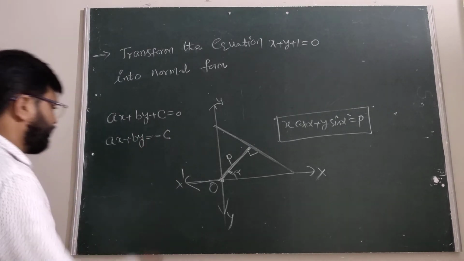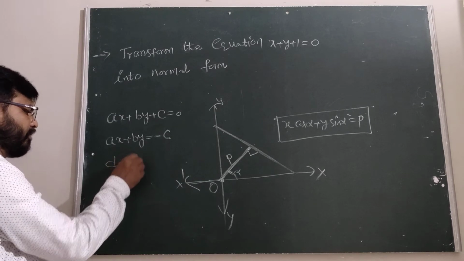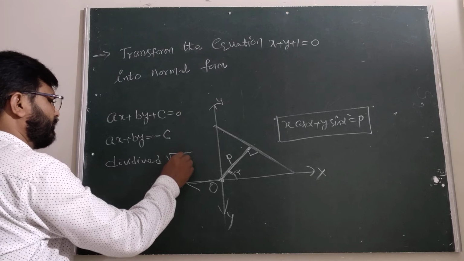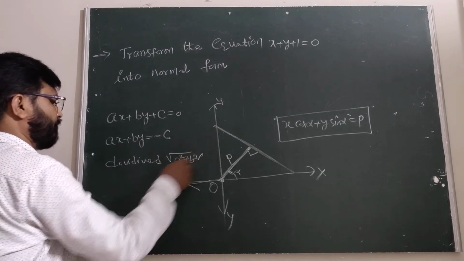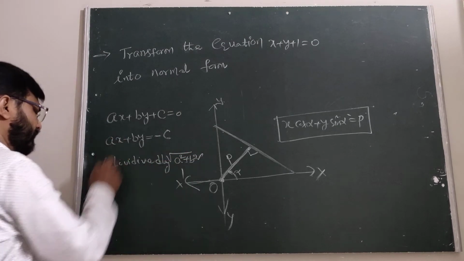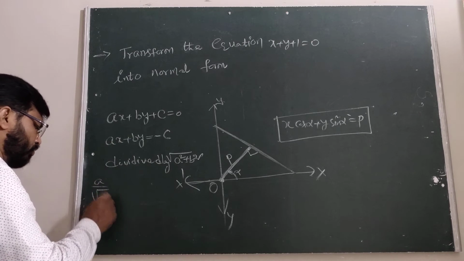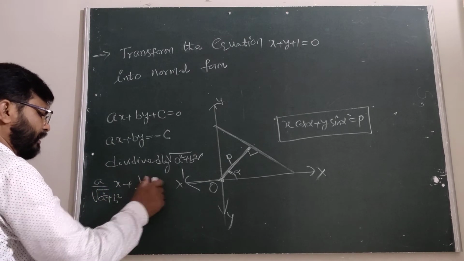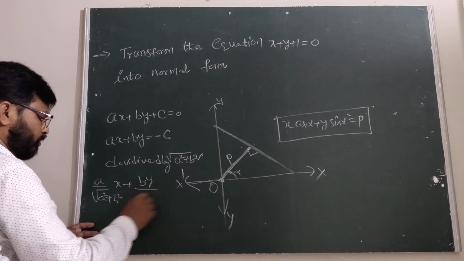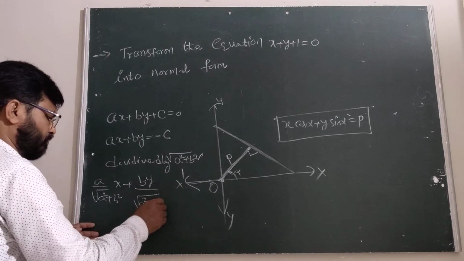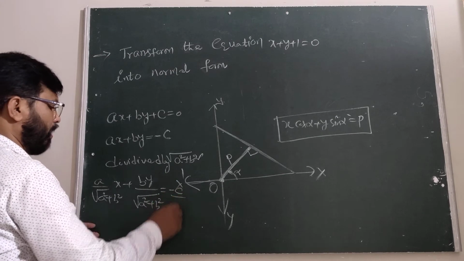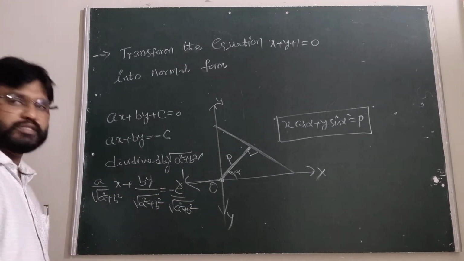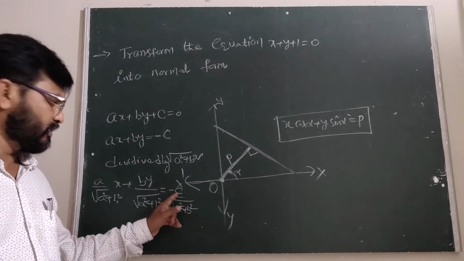Dividing by root of a square plus b square, we get a upon root of a square plus b square into x, plus b upon root of a square plus b square into y, equal to minus c upon root of a square plus b square. This is the normal form when c is less than 0.